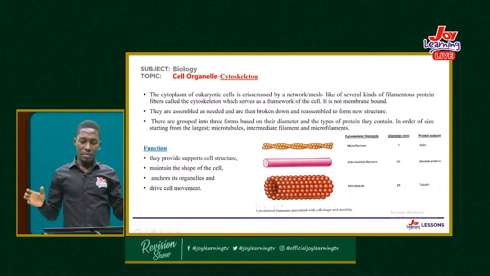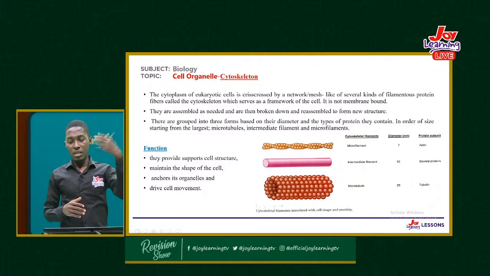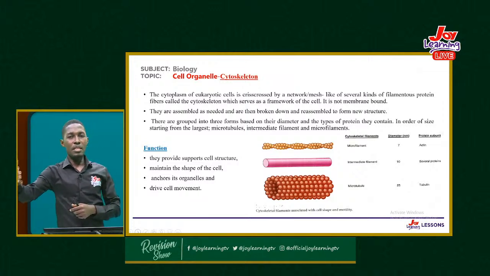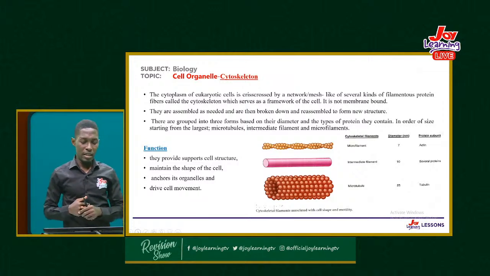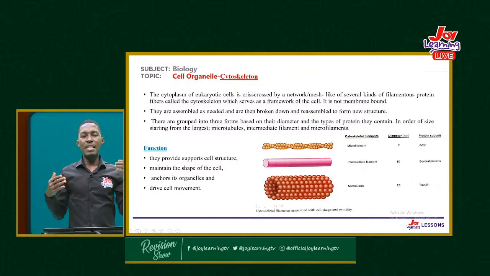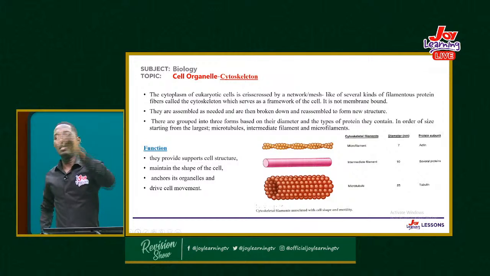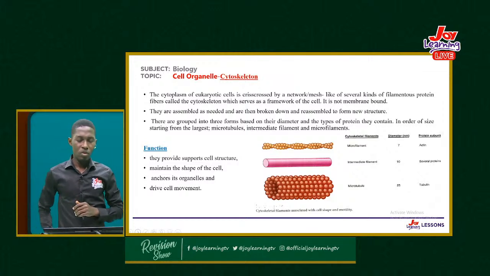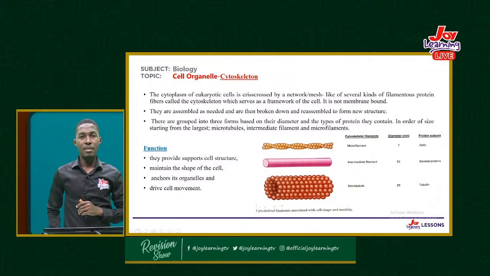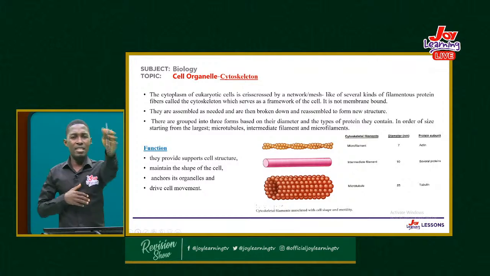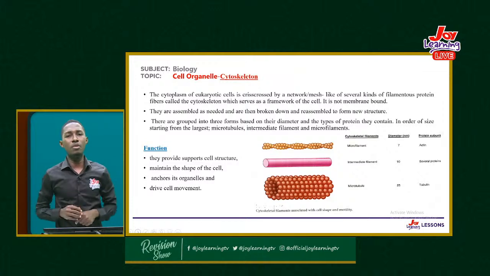It is not bounded by a membrane because they are made of protein filament. You can make it when you need it and you can break it down when you don't need it. Usually we believe that even lysosomes pass on these things to meet their target if a foreign substance enters the cell. We say it's the road network within the cell that things pass on to specific places they want to go.